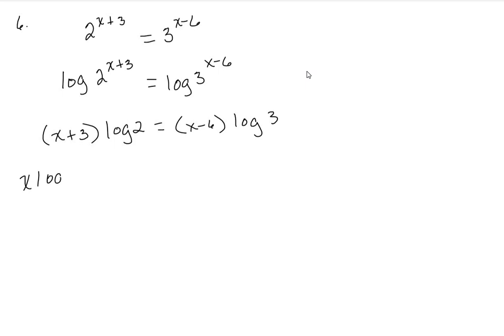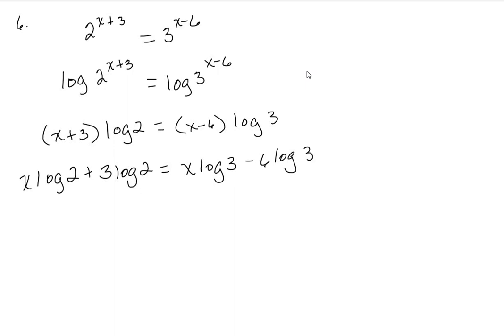So x log 2 plus 3 log 2 is going to equal x log 3 minus 6 log 3. Now I want to get x's on one side and these constants on the other.